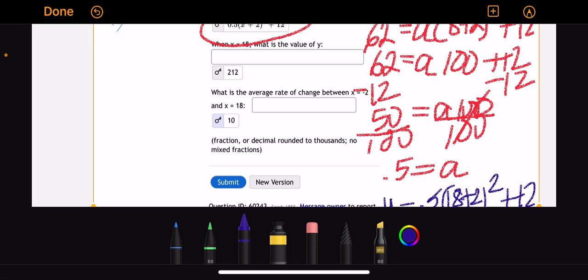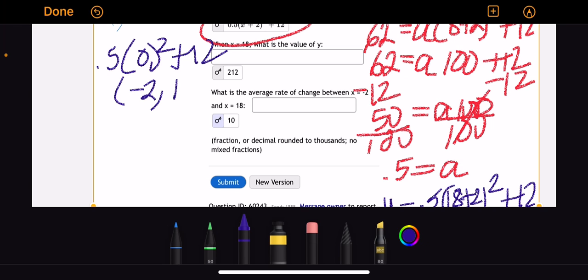So let's find out. It's basically finding the slope, but you need x and y, right? So when x is -2, you have 0.5 times -2 plus 2, which is 0, plus 12. So you got the first point. When x is -2, y equals 12, right? I'm just plugging it in.